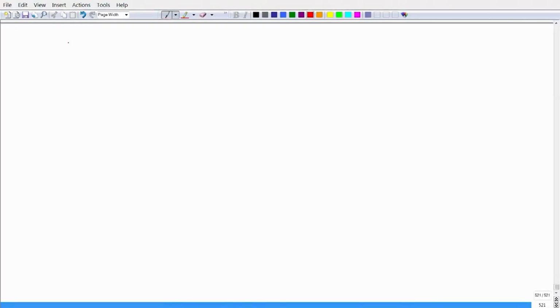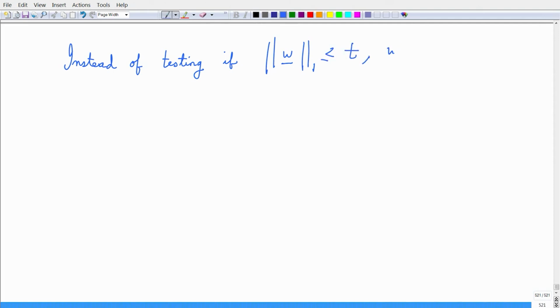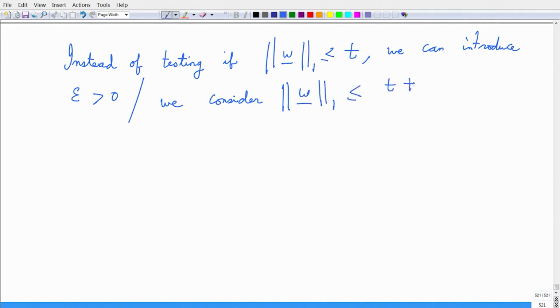So, let me write this formally. So, instead of testing if the L1 norm of the weight vector is less than or equal to t, we can introduce a quantity epsilon greater than 0 such that we consider the L1 norm of W to be less than t plus epsilon.